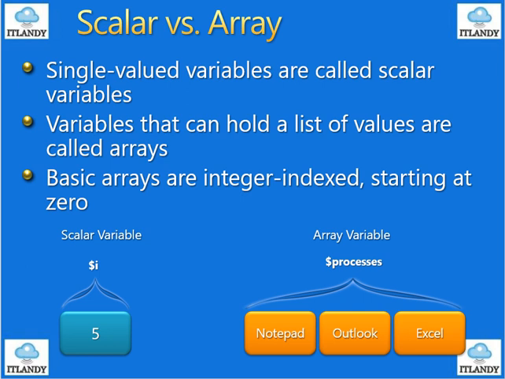It is a combination of multiple scalars, like Notepad, Outlook, Excel. So again, an integer is a scalar, whereas with processes, we are referring to multiple values, which will hold the info or the variables within the space.